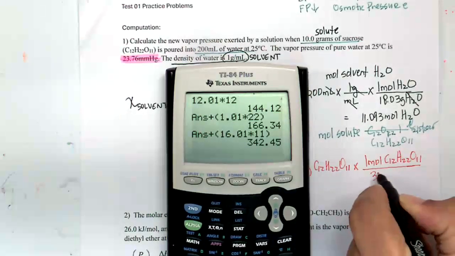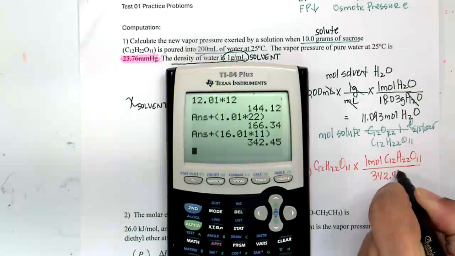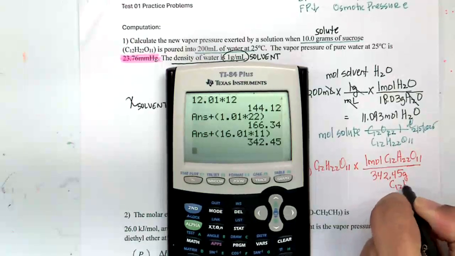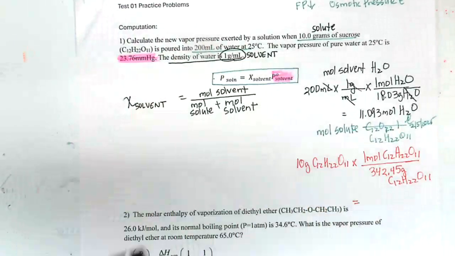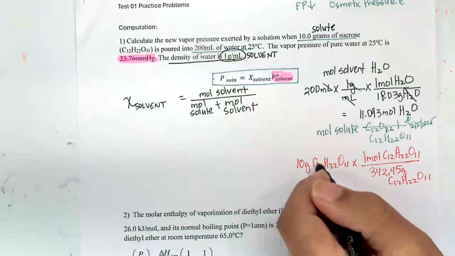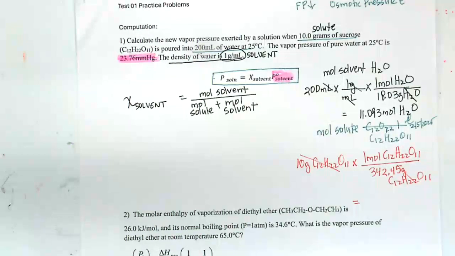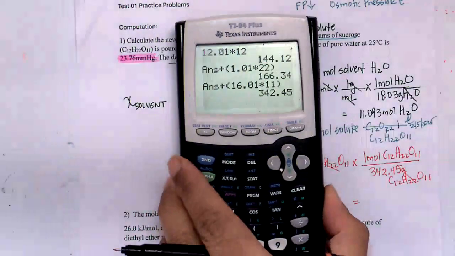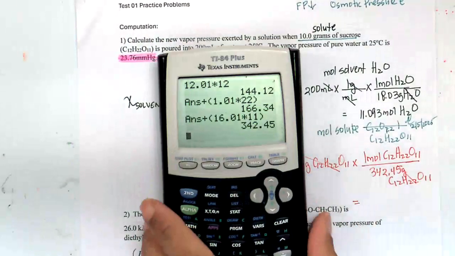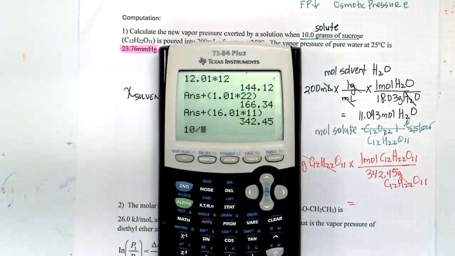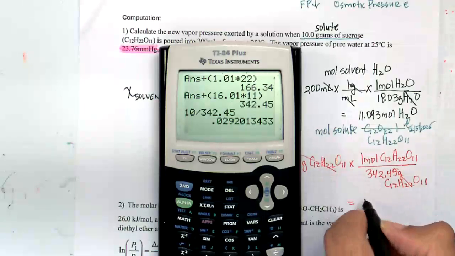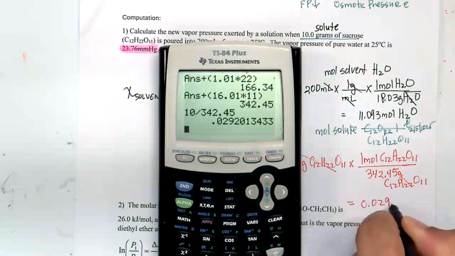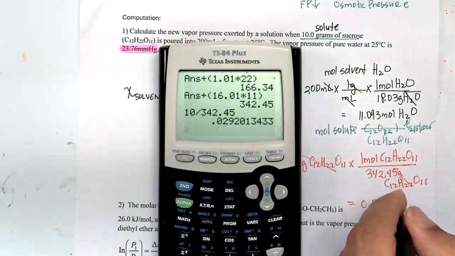So we're getting about 342.45 grams. The grams cancel. So what's 10 divided by 342.45? 0.0292 moles. I'm just adding some extra digits to carry over.